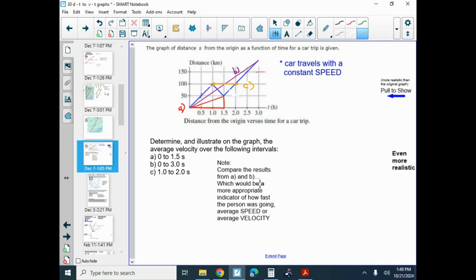So compare the results from A, B, and C, and so on. Which would be the most appropriate indicator of how fast a person was going? The average speed or the average velocity? So the car is traveling with a constant speed. It turns around, goes backwards and so on, but then forward and so on.